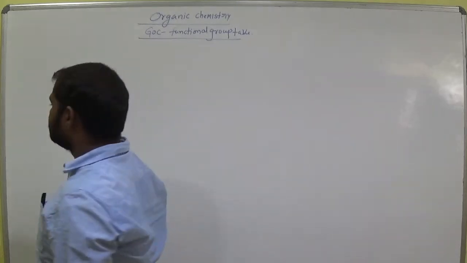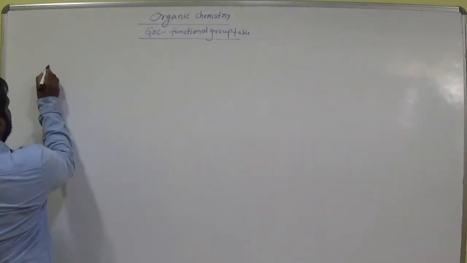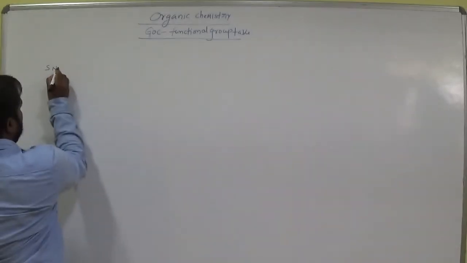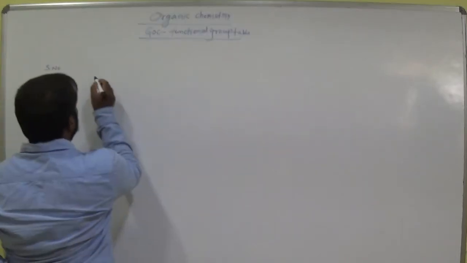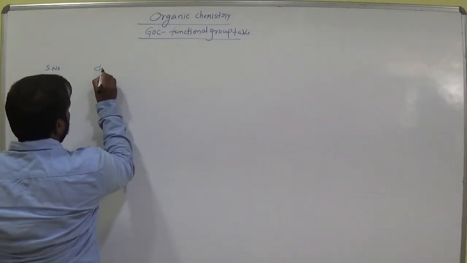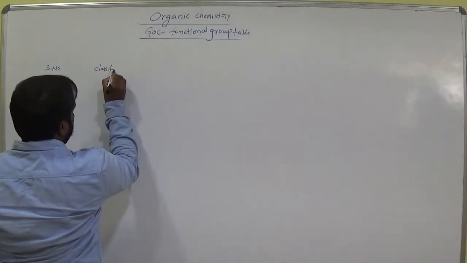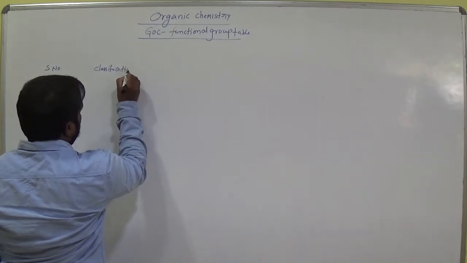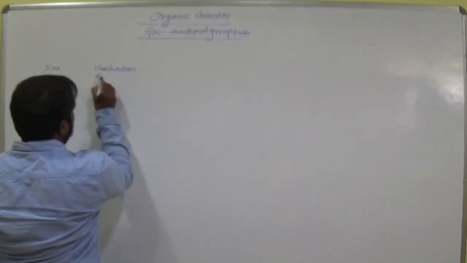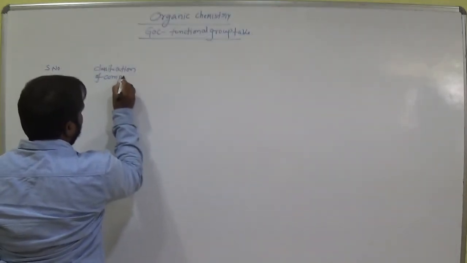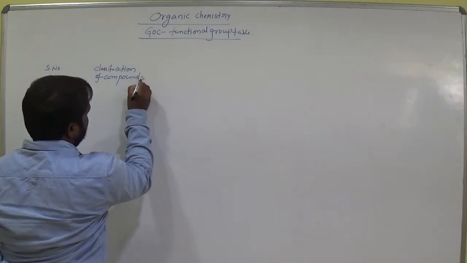Functional group table. In serial number 1, classification of compounds, that means different types of functional groups.